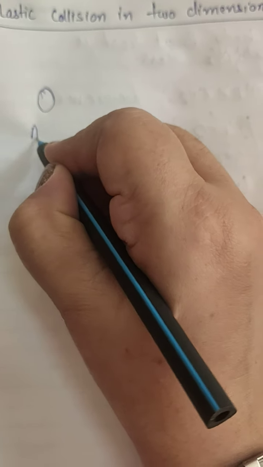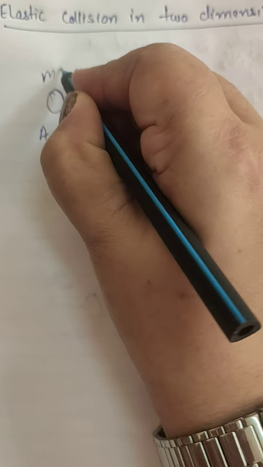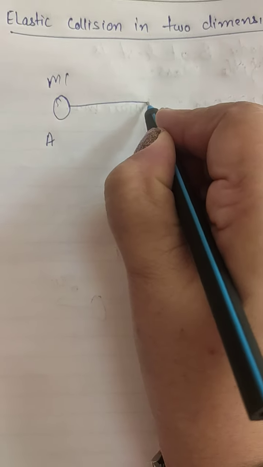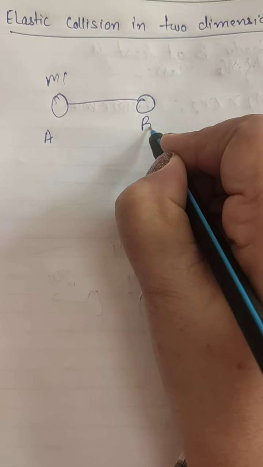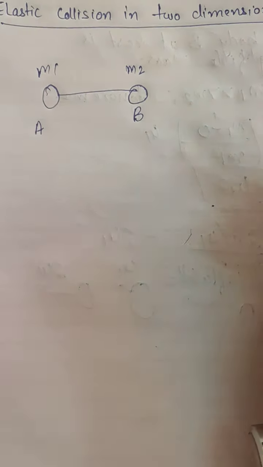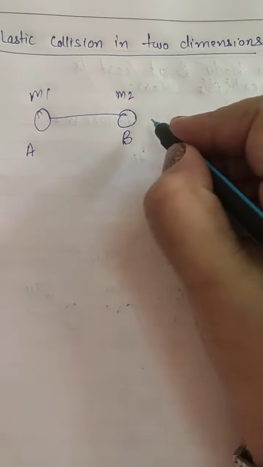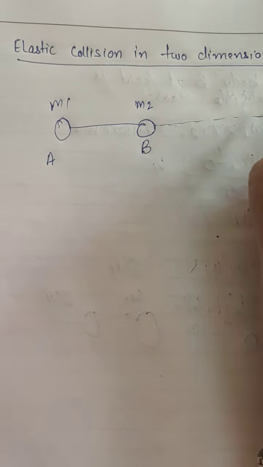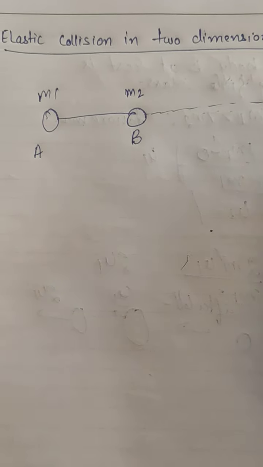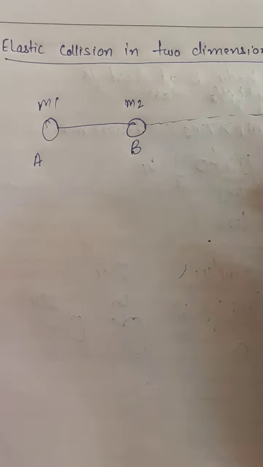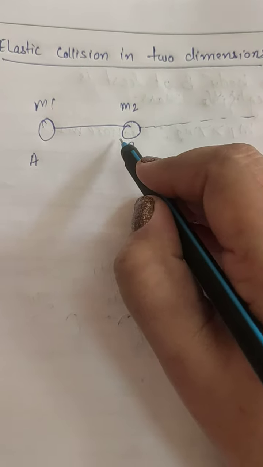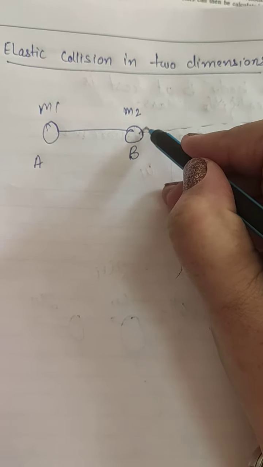Let this body be A having mass m1, and it is made to collide with a body B having mass m2. These are basically spherical bodies. After collision, instead of moving in a straight line, they move at some angle.